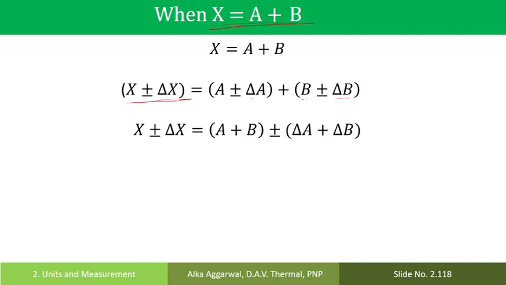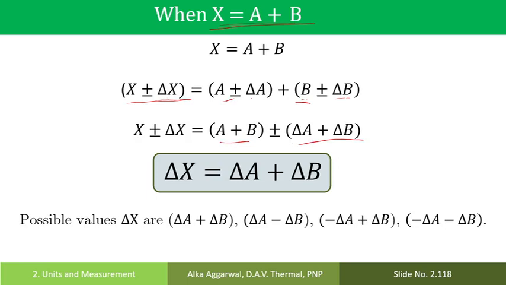Rearranging it, this will be the result. The possible values of delta X are delta A plus delta B: delta A positive, delta B negative; delta A negative, delta B positive; delta A and delta B both negative.